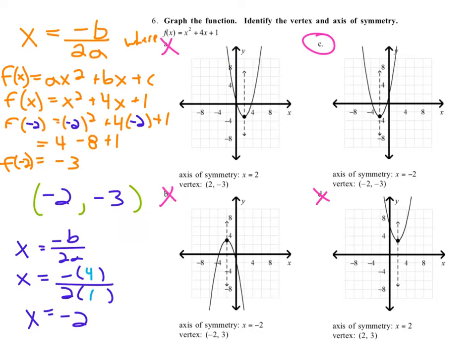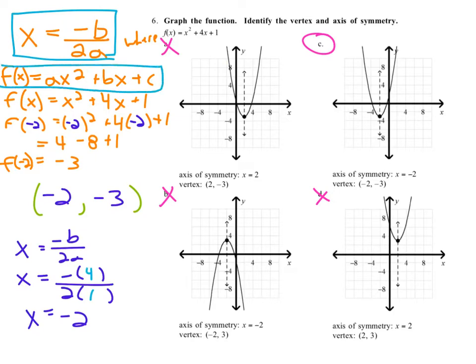You use x equals negative b over 2a, this equation here at the top, making sure that you have the equation written in this form, either y equals or f of x equals ax squared plus bx plus c, and then identify what a and b are and plug them in. You will have the axis of symmetry, x equals whatever the resulting number is.